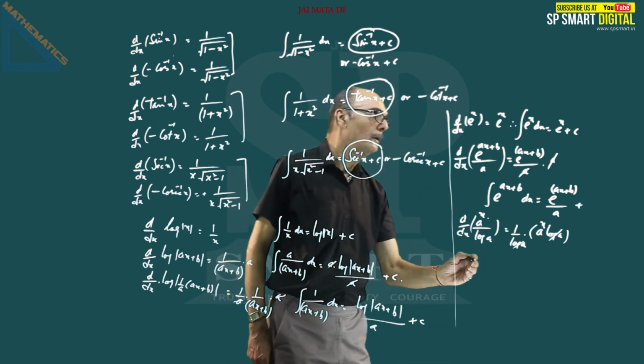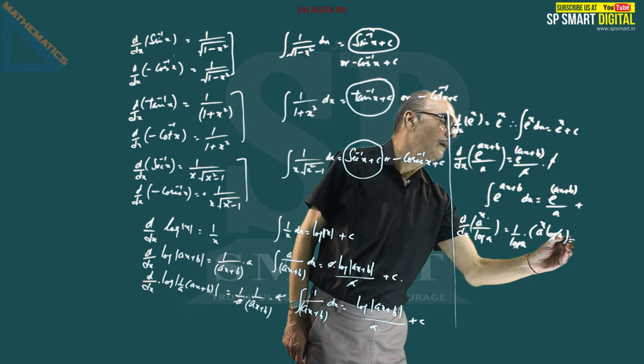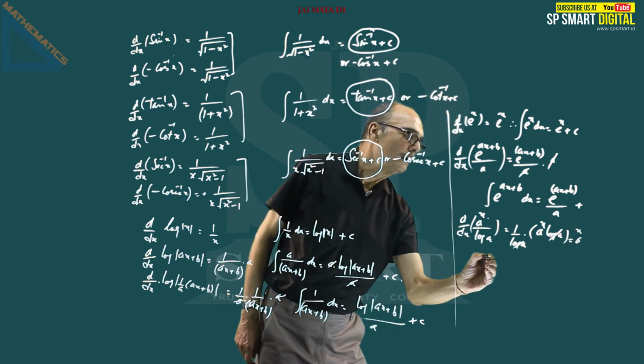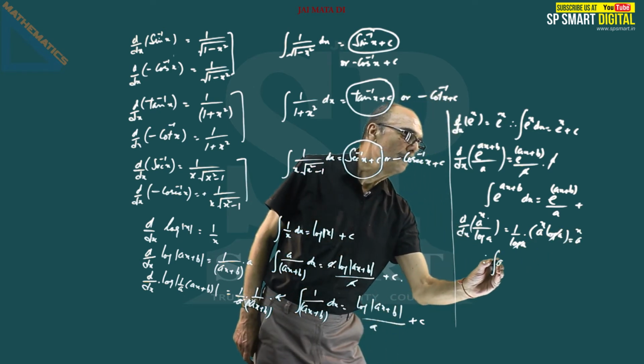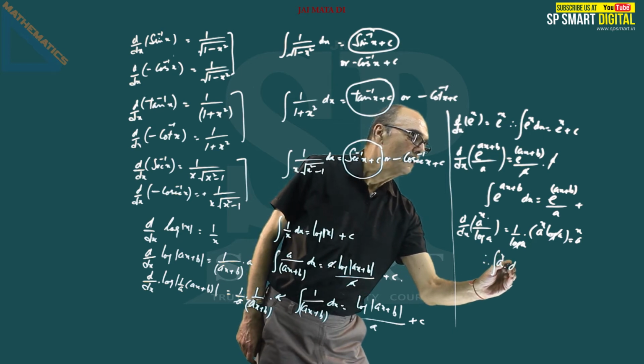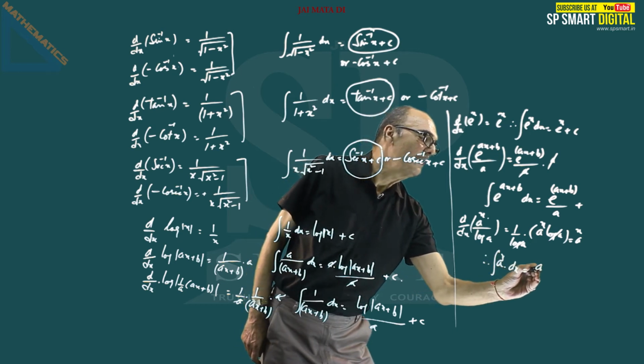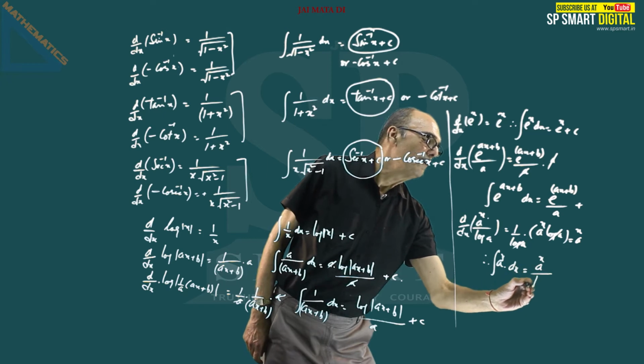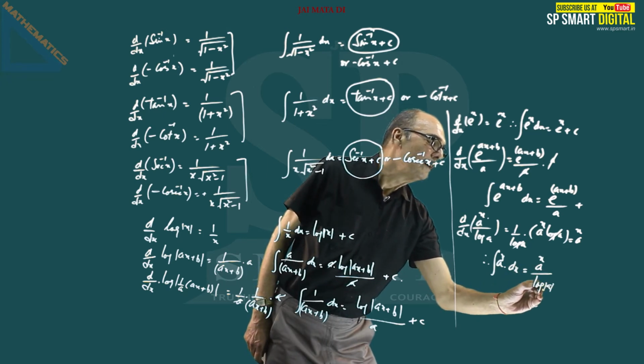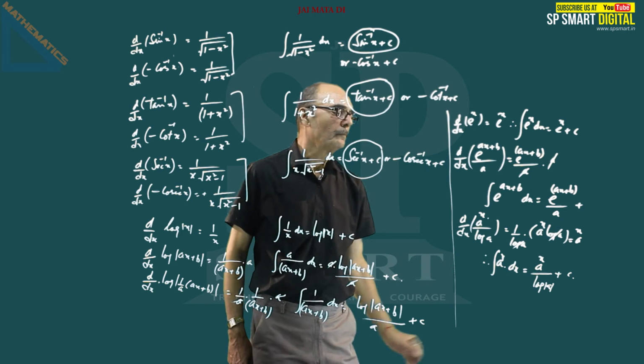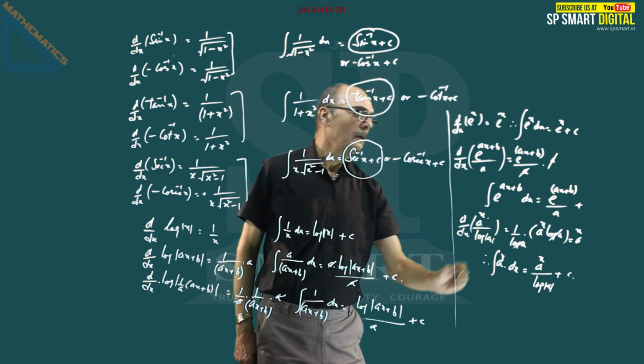So, therefore, we are left with a raised to power x. So, therefore, integral of a raised to power x dx is a raised to power x divided by log of a plus c. You can put mod here.